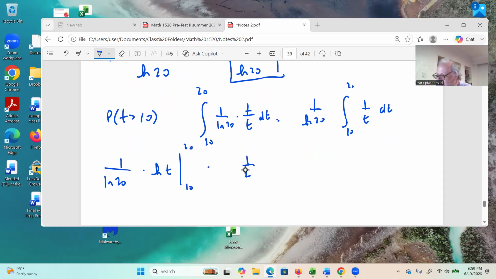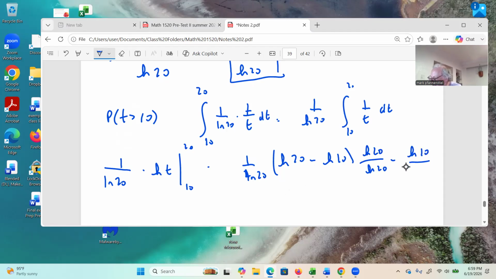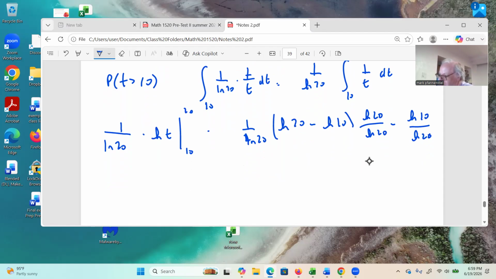We have 1 over ln of 20 times natural log of 20 minus the natural log of 10. I'm going to distribute this. So we have natural log of 20 over natural log of 20 minus natural log of 10 over natural log of 20. Natural log of 20 over natural log of 20 is 1, so we get 1 minus natural log of 10 over natural log of 20. That would be my answer.